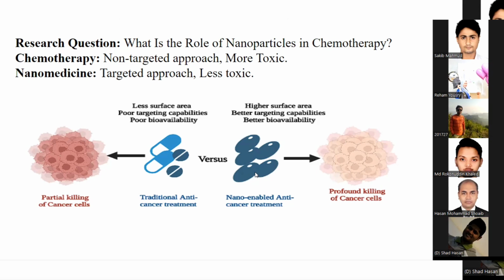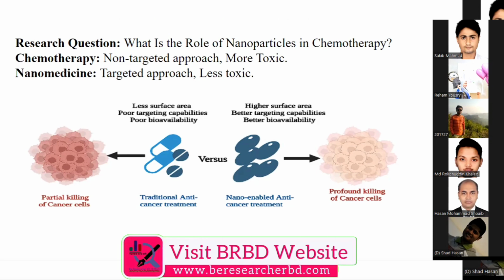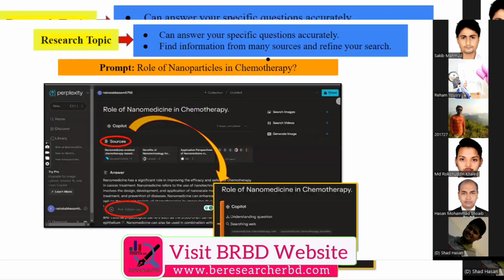So do you see that the traditional anti-cancer treatment has a non-targeted approach, but with nanoparticles, it has a completely targeted approach to treat the cells. So this is the research question which we are going to explore during our whole research process with AI.